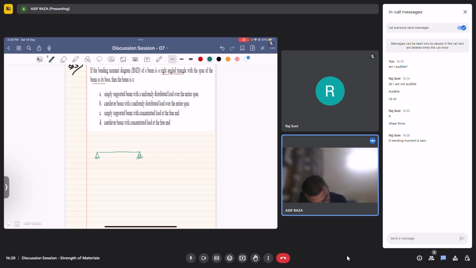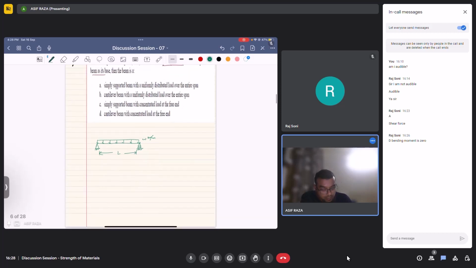So UDL is W kilonewton per meter, and this is L. What is the bending moment diagram for this simply supported beam?